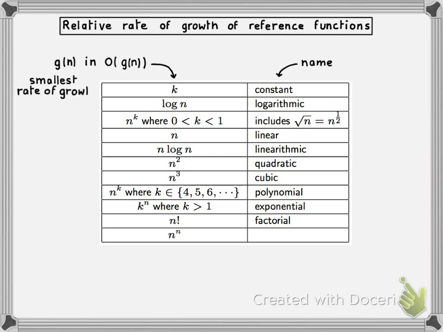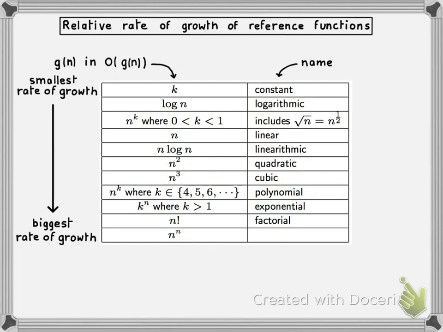So let's make sure we indicate this for you to remember that the order of the rows in the table means that if a reference function appears below another reference function, then the first function grows faster than the one above it. And this is true for every single pair of reference functions in this table.